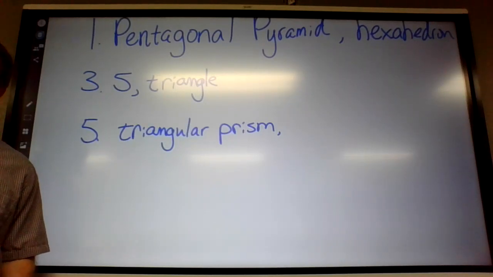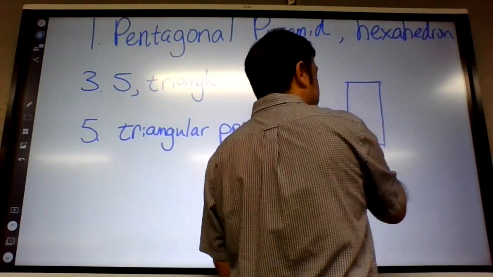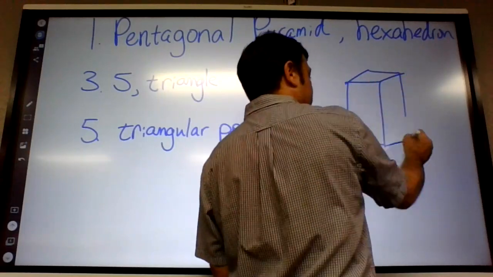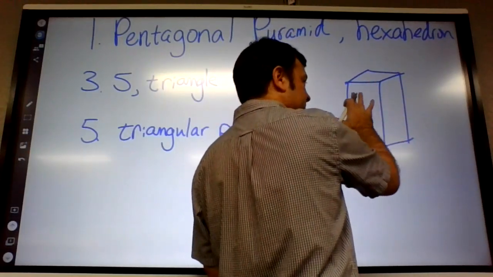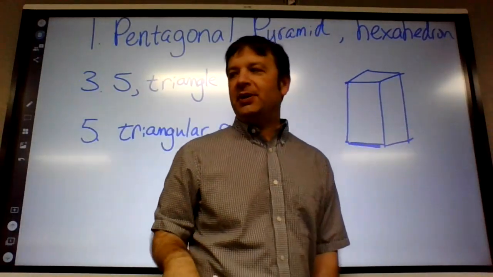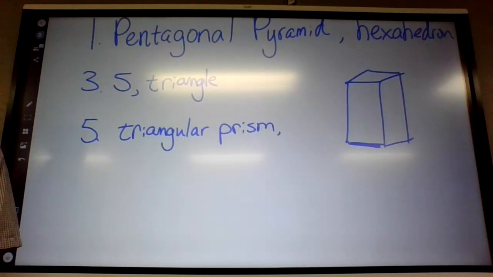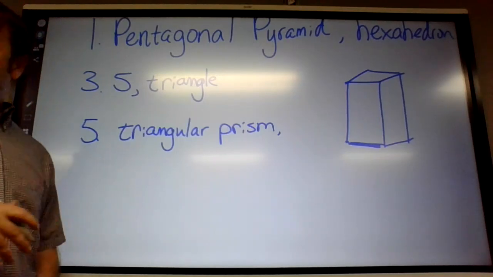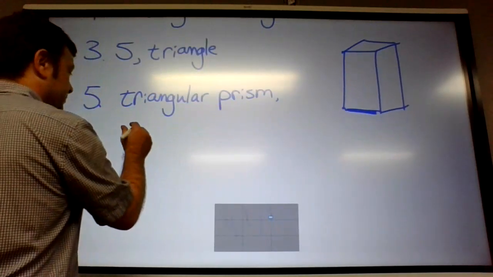The book doesn't use the word sides because when you're talking about 2-dimensional things, the sides are like the edges. So they use the word face instead of sides, but you guys know what I mean. So how many sides does the prism have? It's got the 2 triangle bases, and then it's got 3 rectangles going between the triangles. So altogether it does have 5. So what's it called if it has 5 sides? Pentahedron.